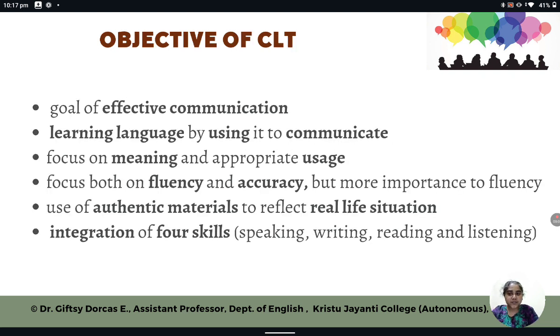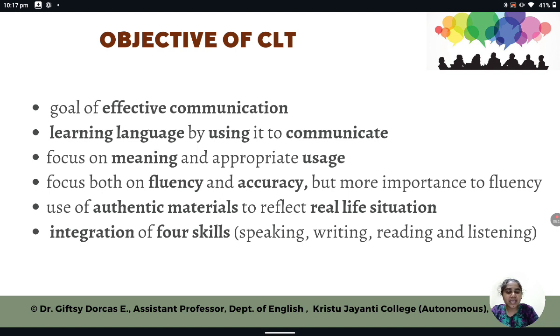So the objectives of CLT included the goal of effective communication. So that was the primary goal. Then learning language by using it to communicate, which was the second goal. And third is the focus on meaning and appropriate usage. So repetitively they focused on meaning and also usage.